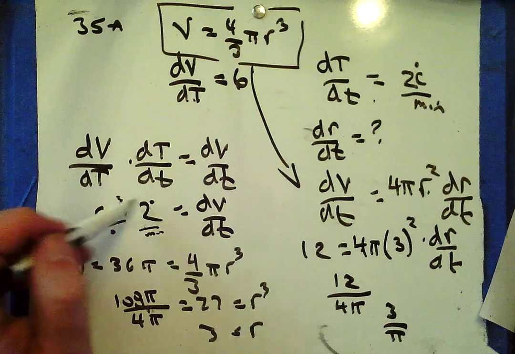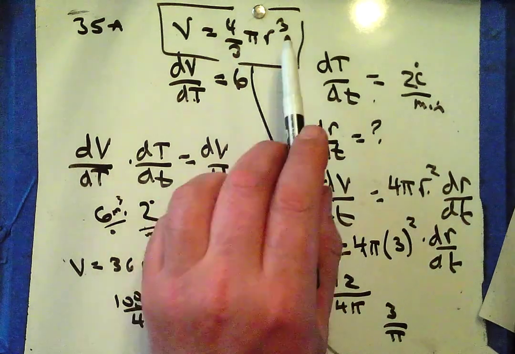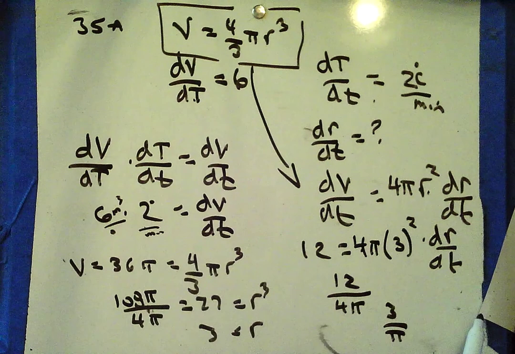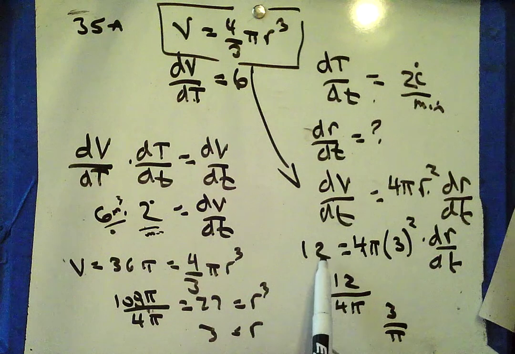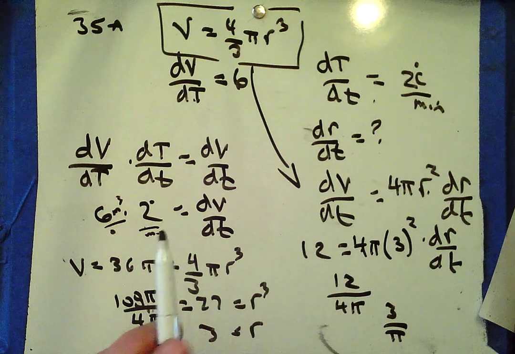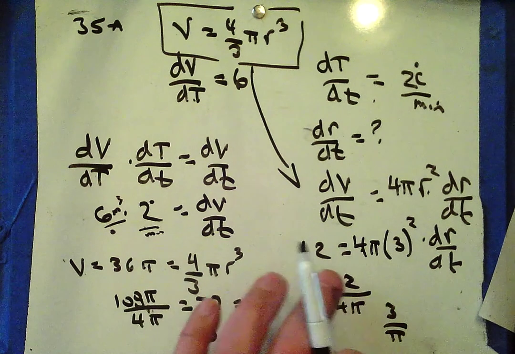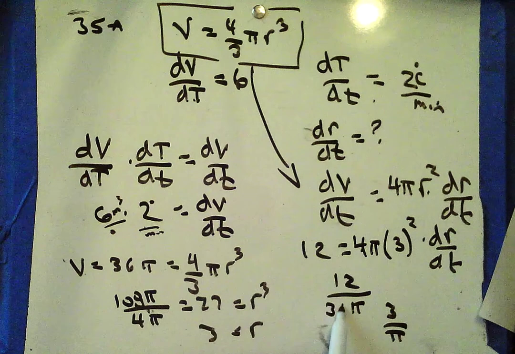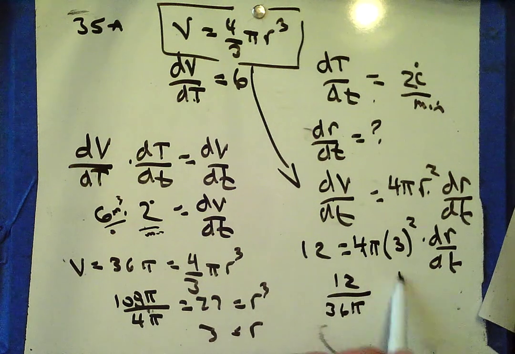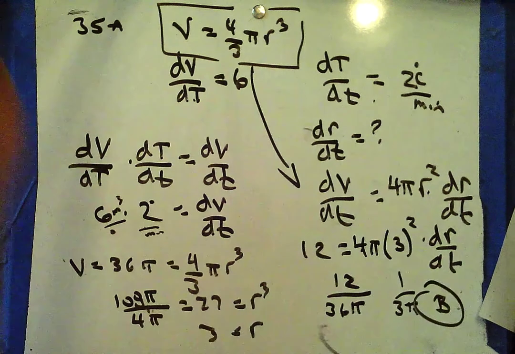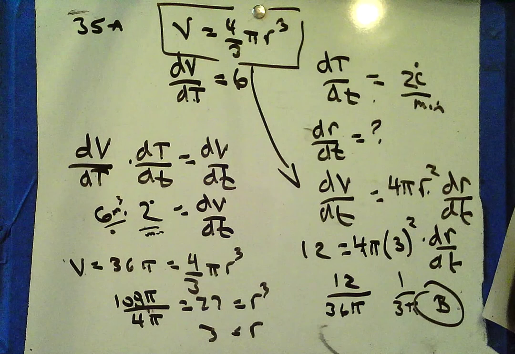Yeah, that's 12. The derivative here, I bring down the 3, 4 pi r squared times dr/dt. I like that. I put the 12 there. 9 times 4 is 36. 12 over 36 pi, so that's 1 over 3 pi. And 1 over 3 pi is choice B. Okay, 35, choice B.